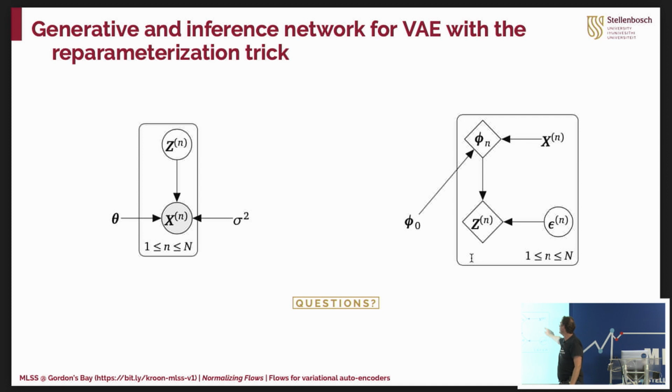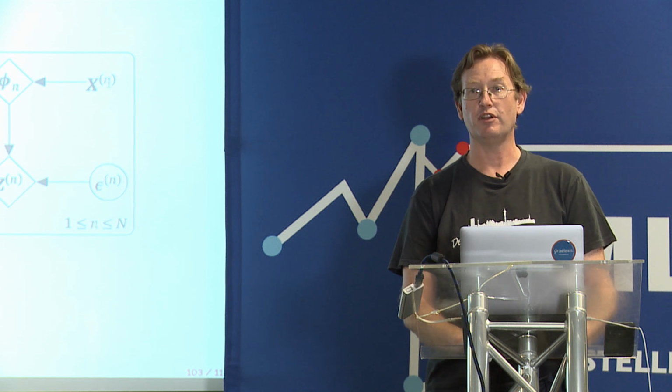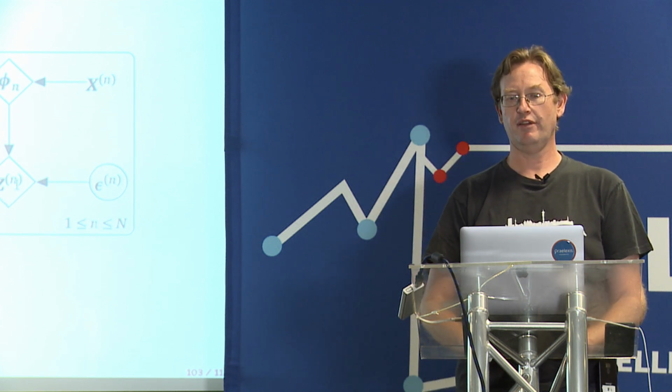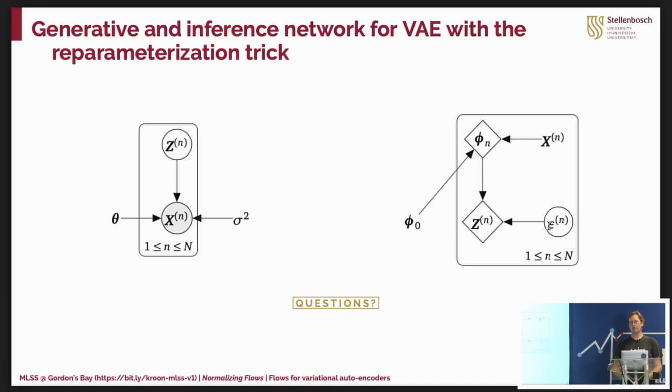So our inference network is a conditional normalizing flow because it generates observations which are transformations of a base distribution, and the transformation is determined by the thing I'm conditioning on here. So I'm conditioning on x_n to get a distribution over z_n, and I get that by transforming from my base distribution where I sample epsilon from.